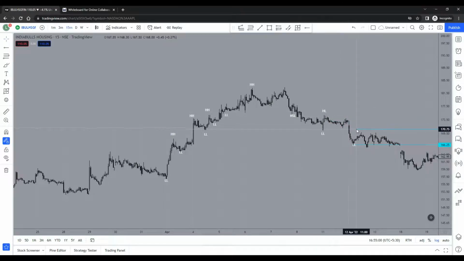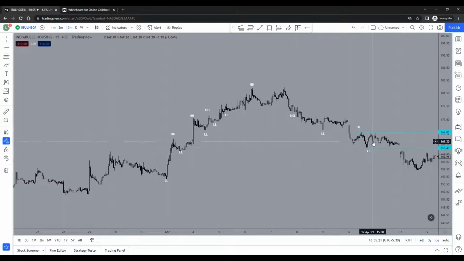Again, now this becomes our higher low, this becomes our workable swing, and this small area from 169.85 to 165.40, this is our new swing.